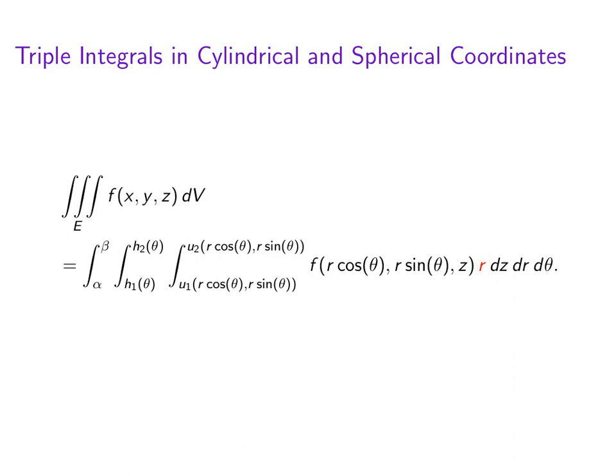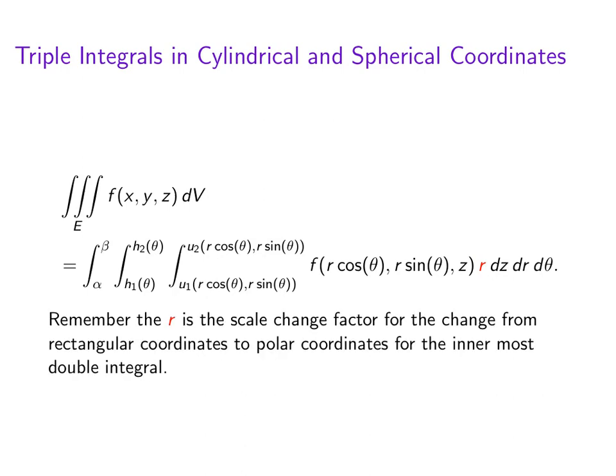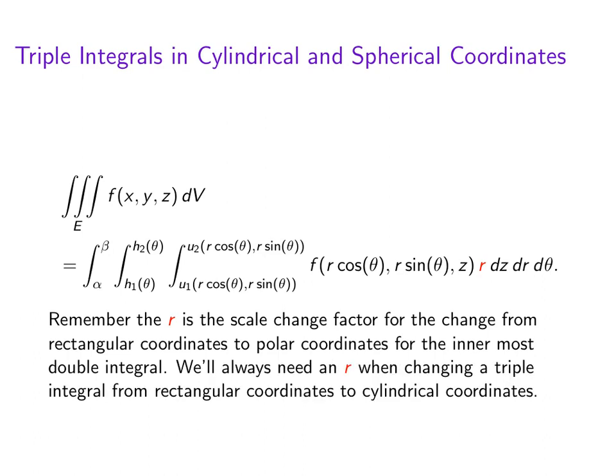It's the scale change factor. We had to do this when we evaluated double integrals in polar coordinates. The same thing will happen now when we want to evaluate triple integrals in cylindrical coordinates. So we're always going to need that r when we change from rectangular to cylindrical in triple integrals.